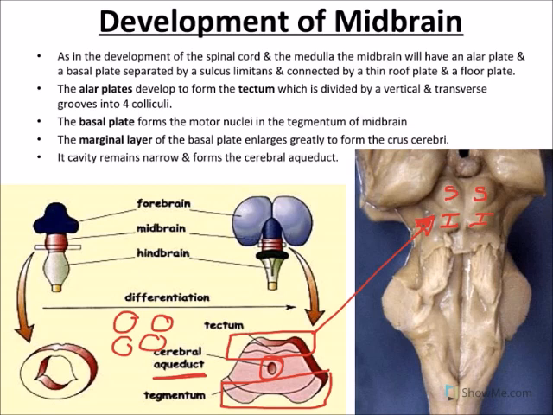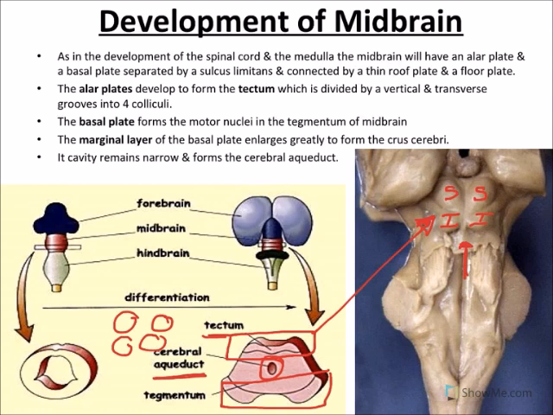So the superior and inferior colliculi lie on the dorsal aspect of the midbrain, developed from the tectum. And the tegmental part of the midbrain, which lies anteriorly or ventrally, is developed from the basal plate of the neural tube, and the cavity between both remains narrow to form the cerebral aqueduct of Sylvius.